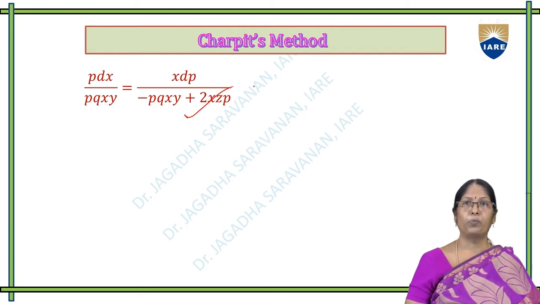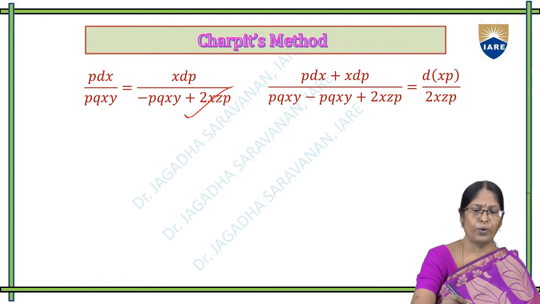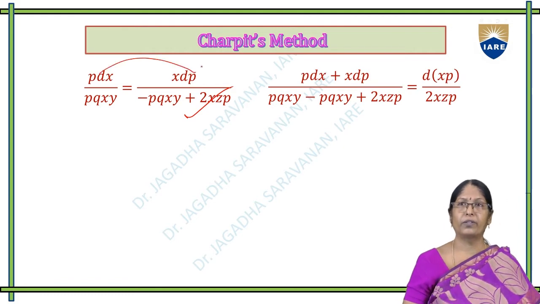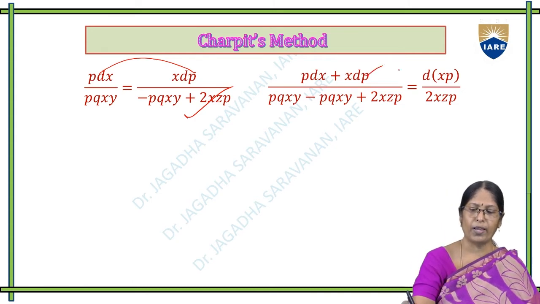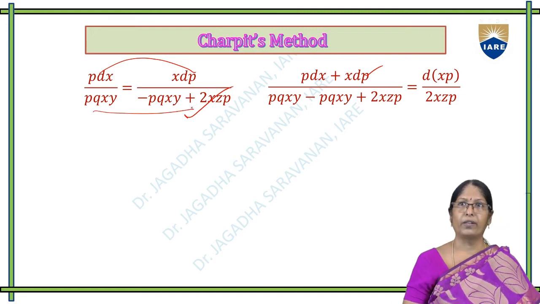So after multiplying p and x up and down, the numerator we are adding completely. So p dx plus x dp. Here also we are adding completely.